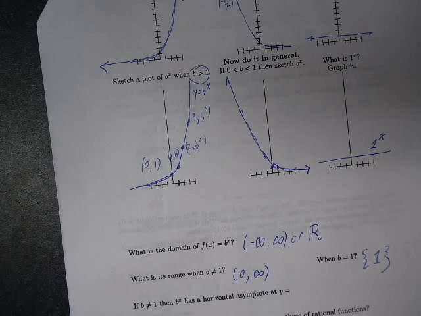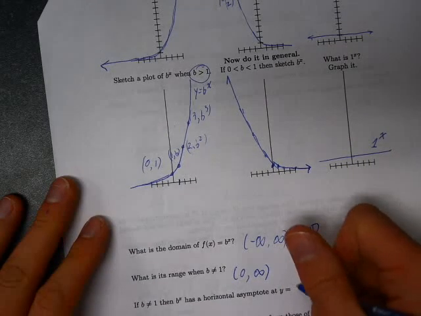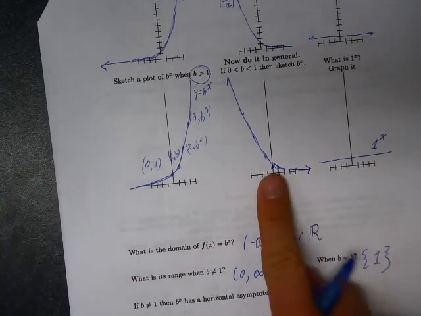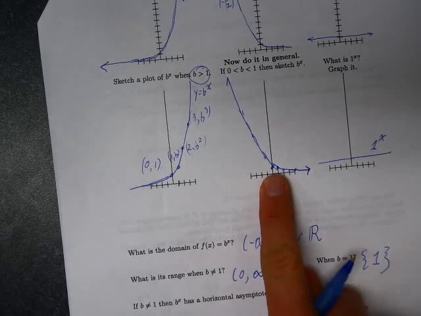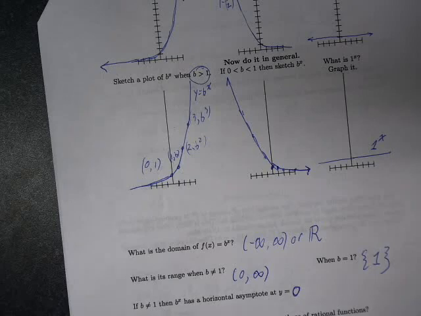But let's think about horizontal asymptotes. Does this graph have a horizontal asymptote? Yeah, it gets really close to the line y equals 0. Similarly, does this one have a horizontal asymptote at y equals 0? But those horizontal asymptotes look kind of different from rational function horizontal asymptotes, right?